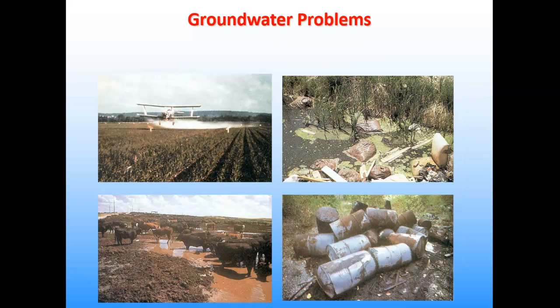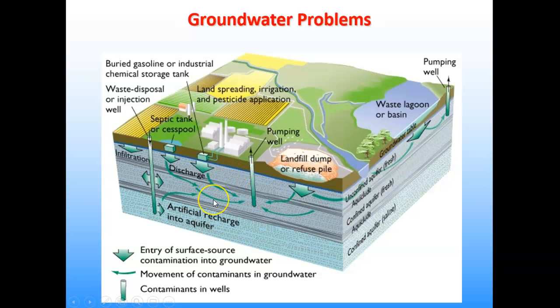One of the big problems, of course, is contamination, and that can be from a variety of things. But our issue is that any fluids, just like water, can penetrate into the material, move through those open spaces, and get into the groundwater. That can be landfills, leaking septic tanks, spraying pesticides, or using fertilizer on crops.